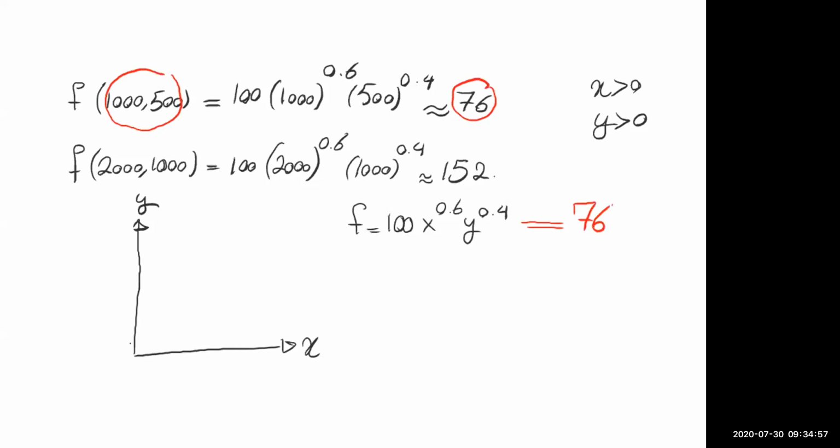I want, for example, the production to be 76. But I want the number of units of labor to be less than, for example, 500. Now here x, the number of units of labor, is 1000. Suppose for any reason, as a manager, you don't like that. For example, you want x to be something around 500.